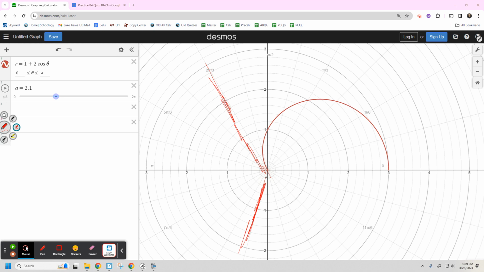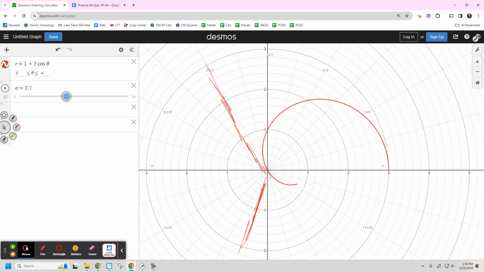My radius goes from 0 to -1 and then back to 0. Let's see how between these two angles, my radius is over here. We got pi. We are at -1.